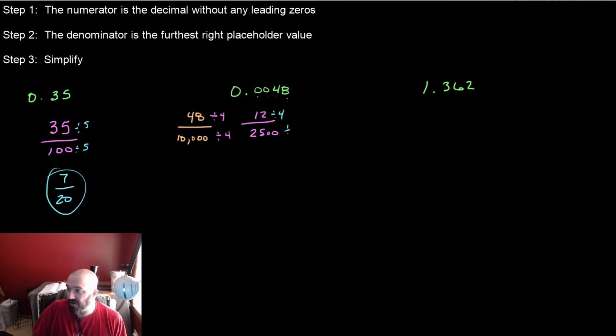So 2,500, I'm thinking of it as 25 times 100, and I know that if I divide by 4, I can do that at any point. So I'm going to divide the 100 by 4, and I'm going to get 25 times 25. I know that to be 625. It's just, I've been around enough. I'm old. So this is going to be 3 over 625.